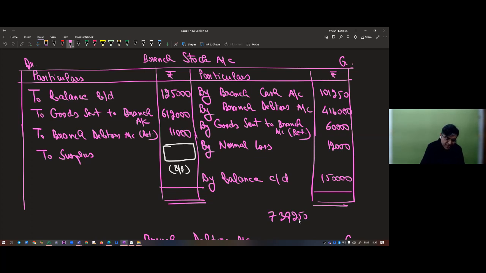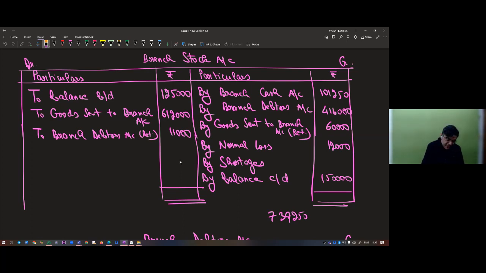Now 1,25,000, 6 lakhs 12,000, 11,000. Shortages, not surplus. Shortages.